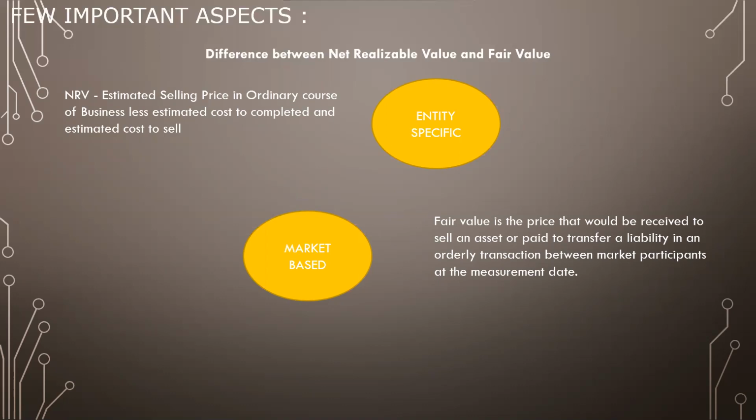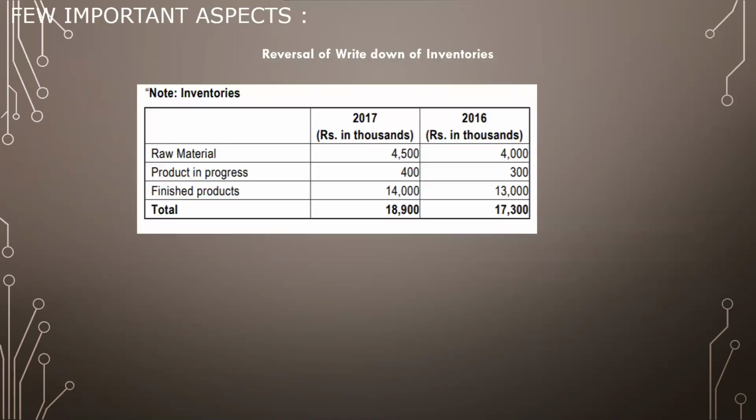Now let's go to the next important aspect: how do I disclose? Many companies, if you look at the annual report, probably don't disclose it in the rightful manner which the standard expects, and which has also come up as a frequently asked question by the Institute of Chartered Accountants of India.